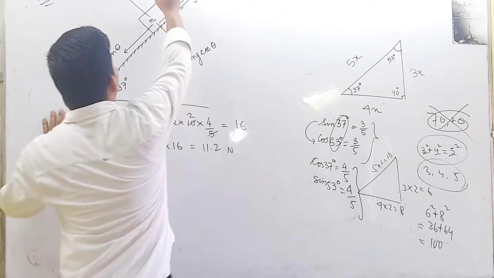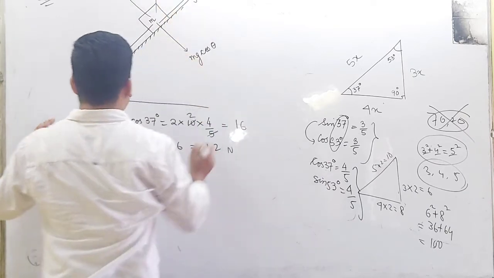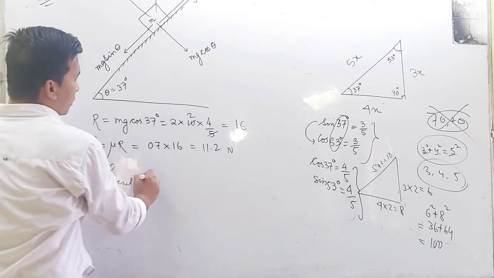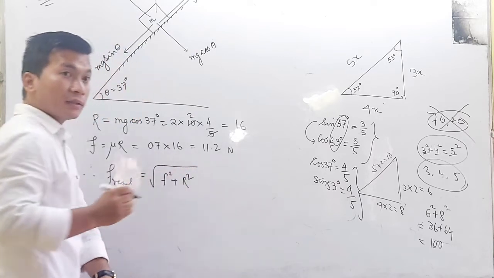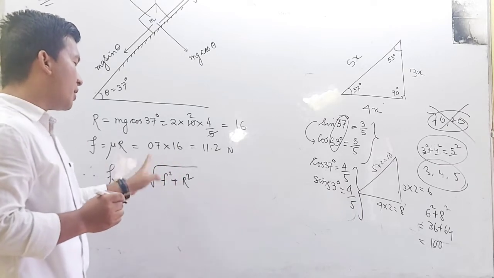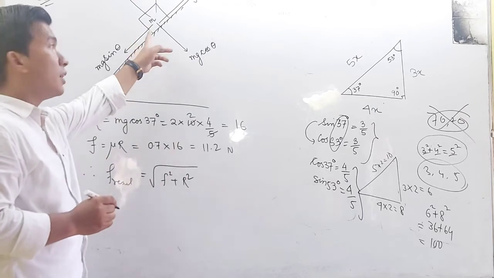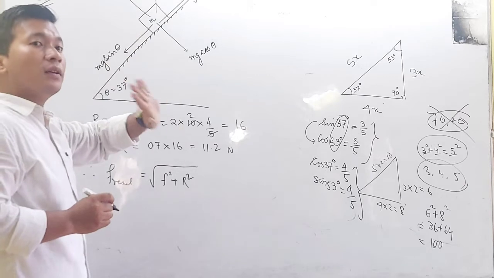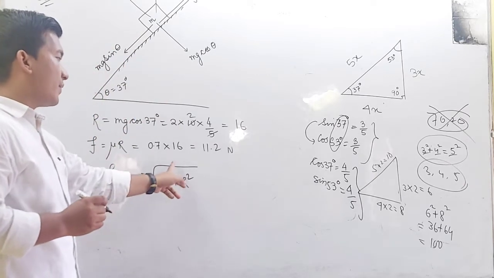F resultant is what we need now. F resultant will be equal to root over F square plus R square, as we saw on the first day of the frictional topic. The normal direction and the frictional force are perpendicular to one another, so the resultant magnitude will be equal to root of F square plus R square.